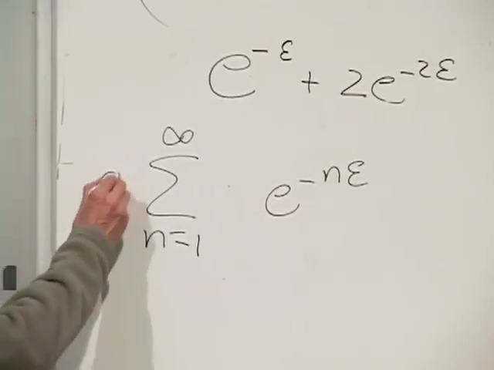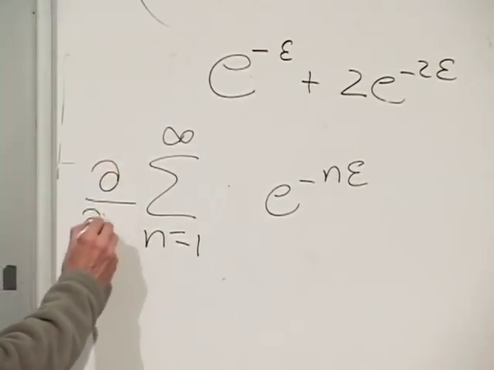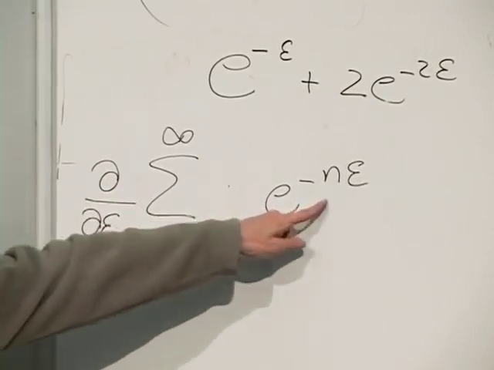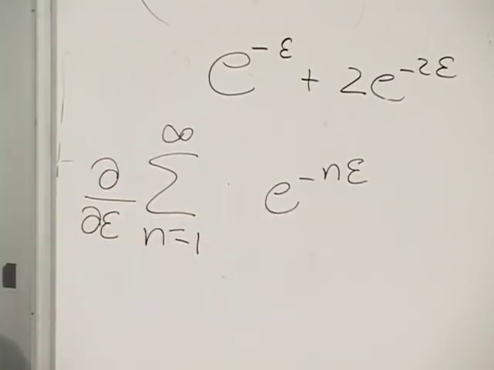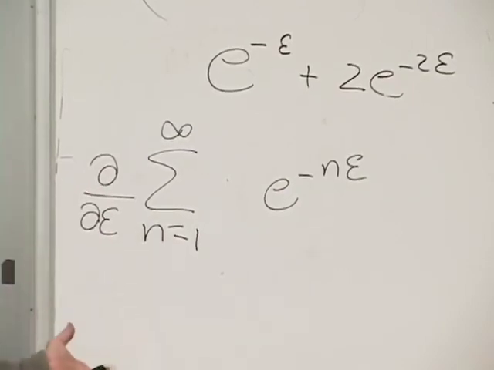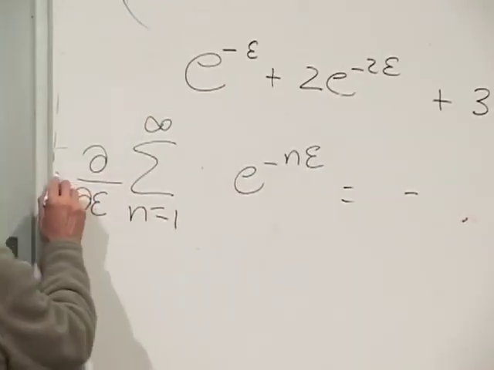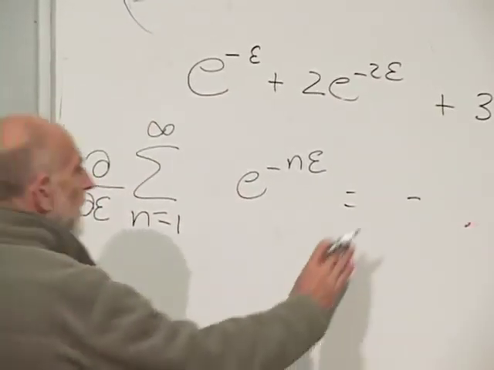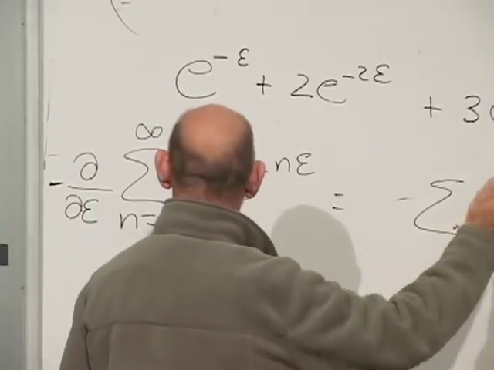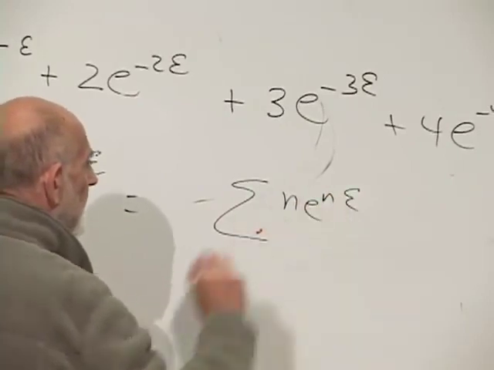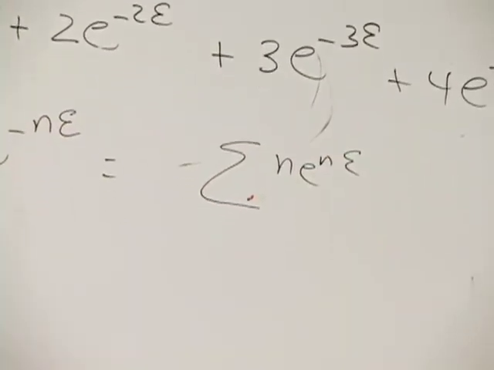What does the derivative with respect to epsilon give? It brings down minus n. So in other words, we really want to put minus here. This is equal to the original sum we were interested in, n e to the minus n epsilon. Okay, that's the first step.